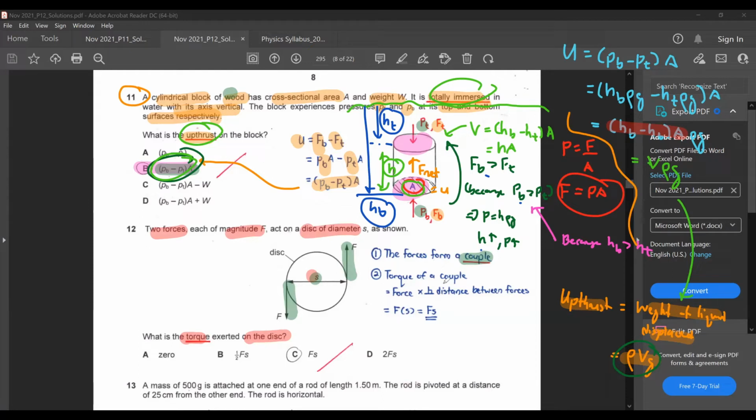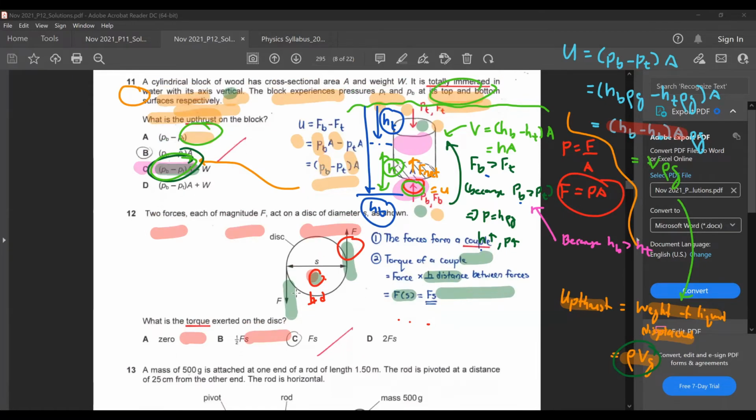The torque of a couple is just the force times the perpendicular distance between the forces. So you take one of the forces, multiply with the perpendicular distance between them, which is S. So it's F times S, giving you Fs. So the answer is C.